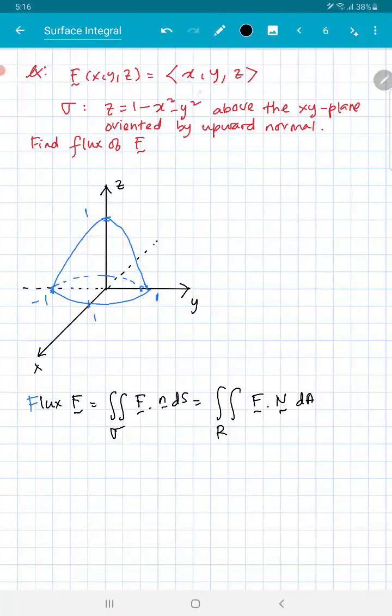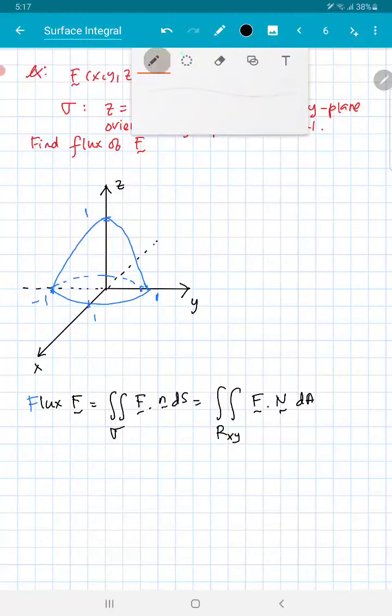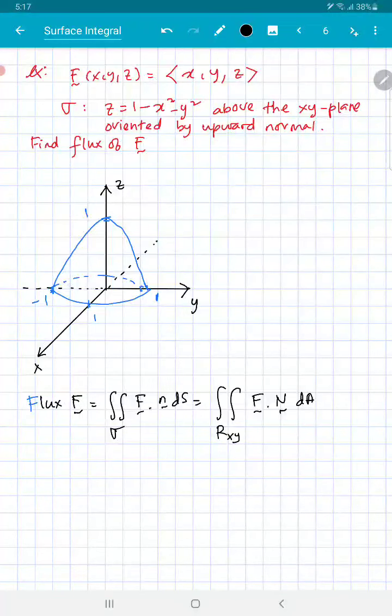Since our surface is given as z as a function of x and y, we're going to project our surface sigma onto the xy plane. If we project that onto the xy plane, what we get is a circle of radius 1.